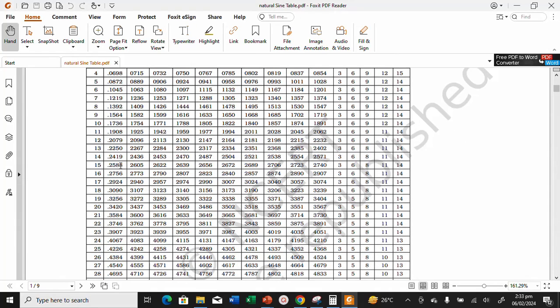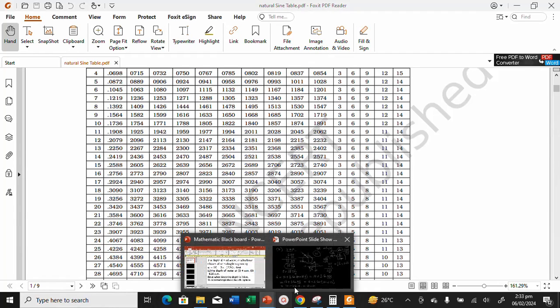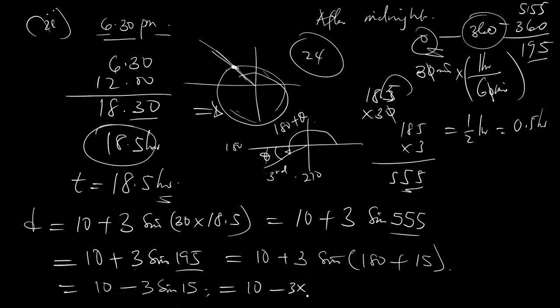Sine 15 is 0.2588. If you multiply this, 3 times 0.2588 gives 0.7765.